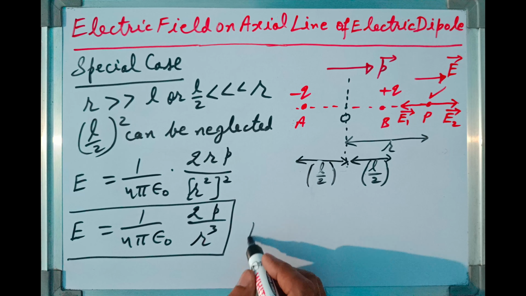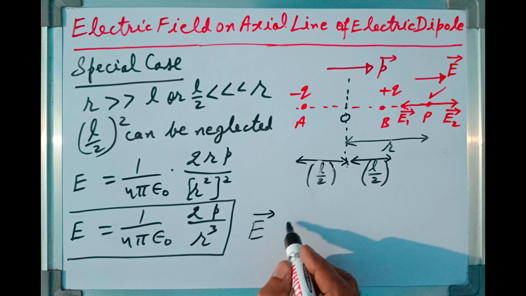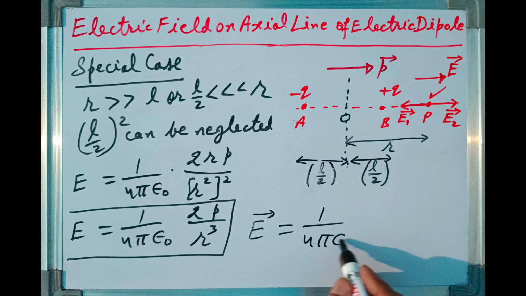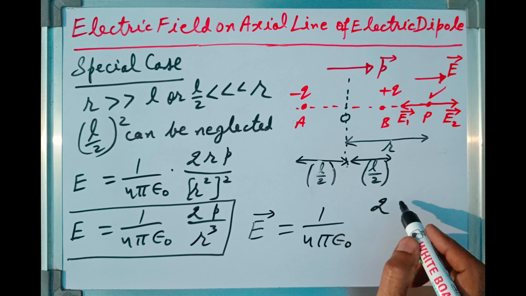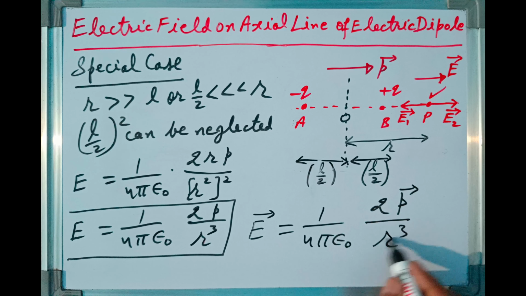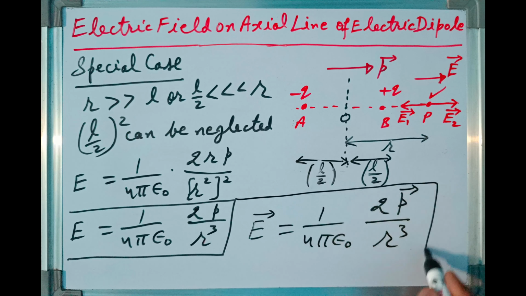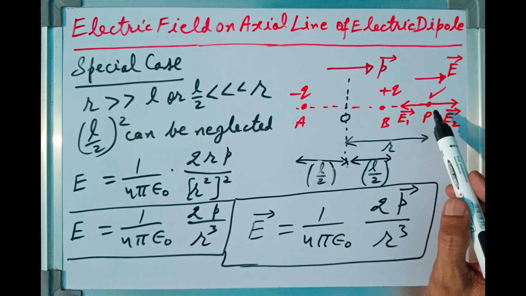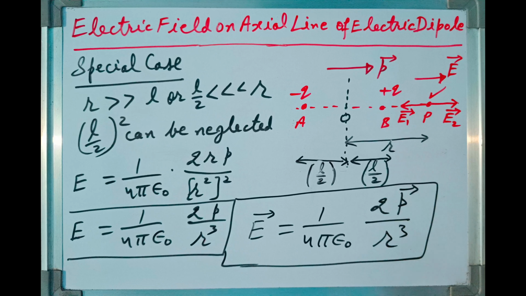The same relation in vector form will also be simplified as 1 upon 4 pi epsilon naught 2p vector divided by r cube. This is the vector form of the relation when the point of observation is far away from the dipole. That's all.